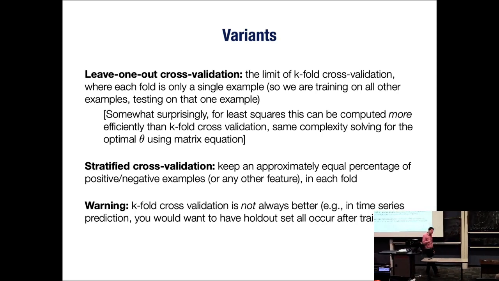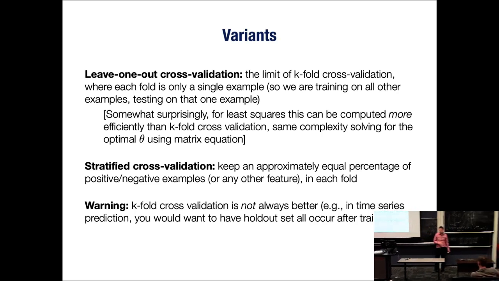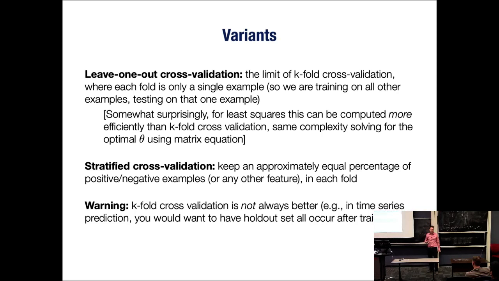Another word you may hear sometimes is stratified k-fold cross-validation, or even just stratified cross-validation in general. Stratified here just means that if, for example, you have a classification task and you have some portion of positive and negative examples, you keep those proportions the same in your training set and in your holdout set.